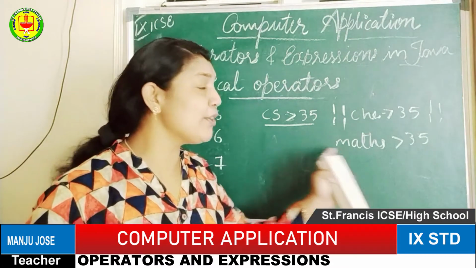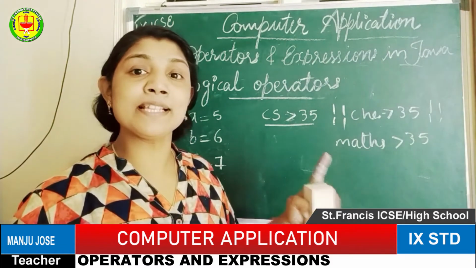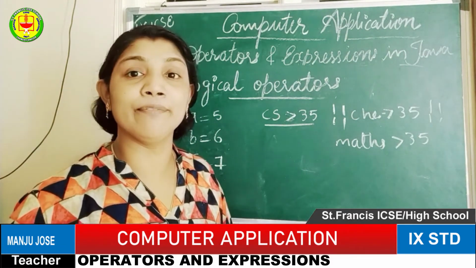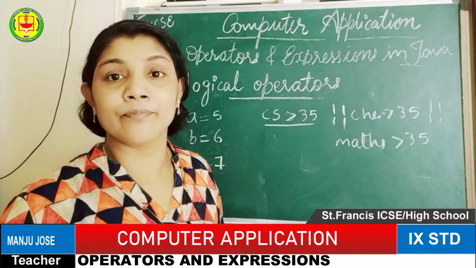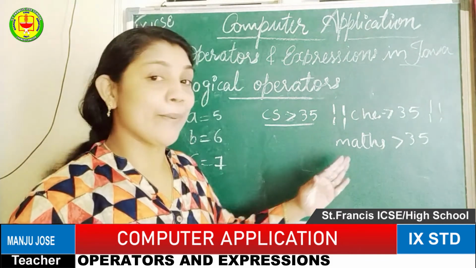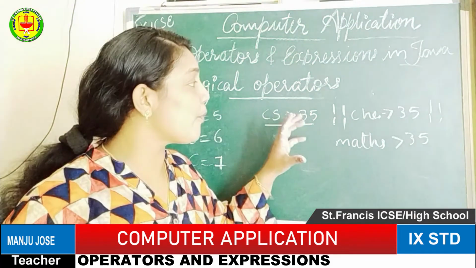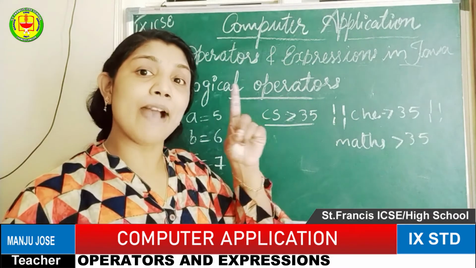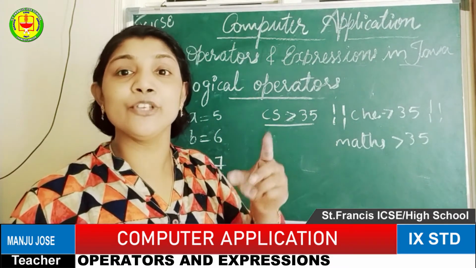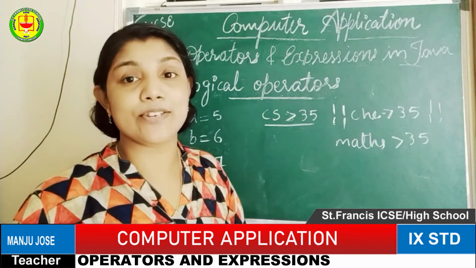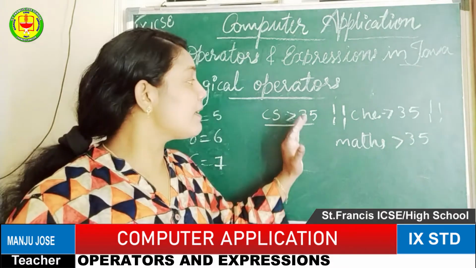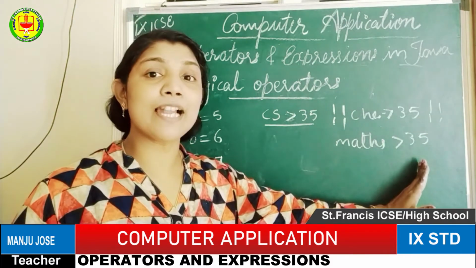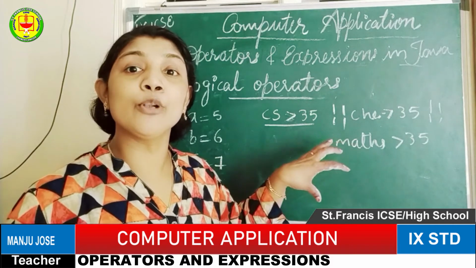The meaning of this sentence is, if you are having above 35 in either one subject, you will get pass. That is the meaning of the OR operator. That means more than one condition or term will be there, and if either one is correct, you can go to the true section. One statement will be correct, the remaining can all be false, it doesn't matter, the output will be printed.